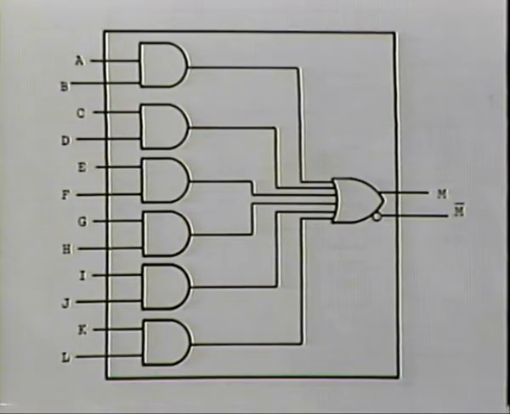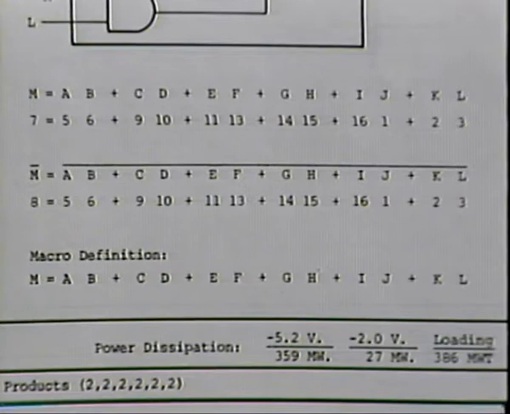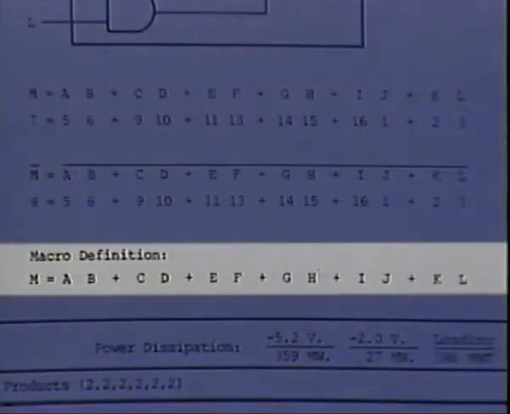Below the pin assignment chart, we find the schematic of the chip's internal logic. A C chip has 6 AND gates connected to a single OR gate. Below the logic schematic, we find 3 sets of Boolean equations. The bottom equation is the macro Boolean definition of the C chip.